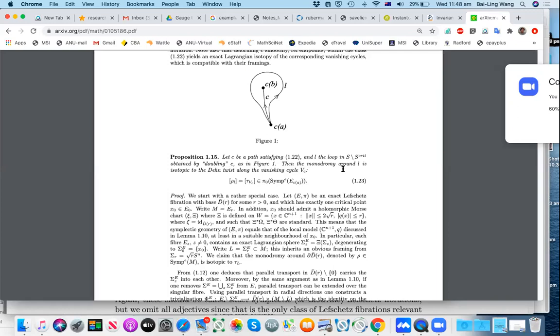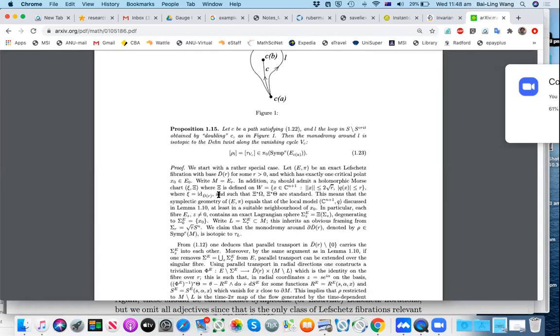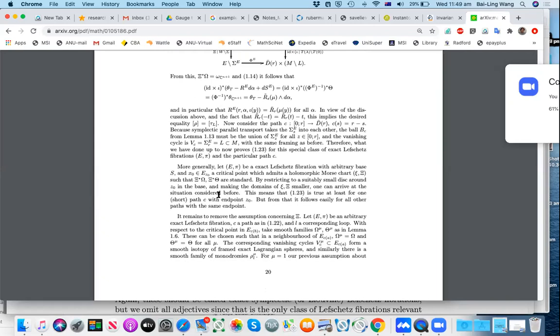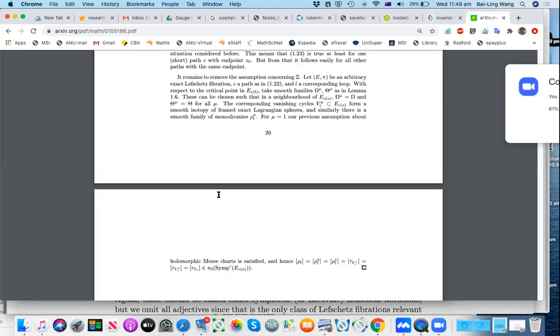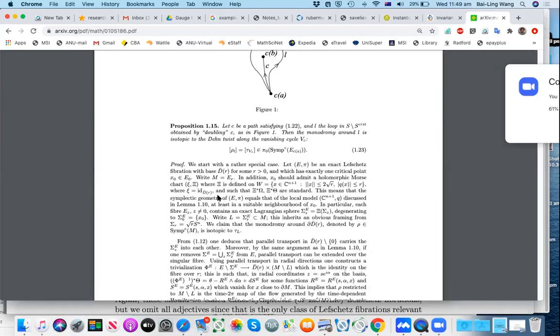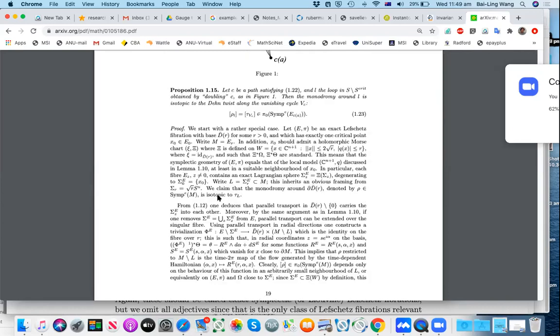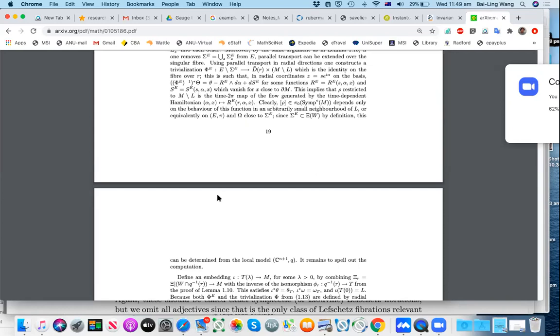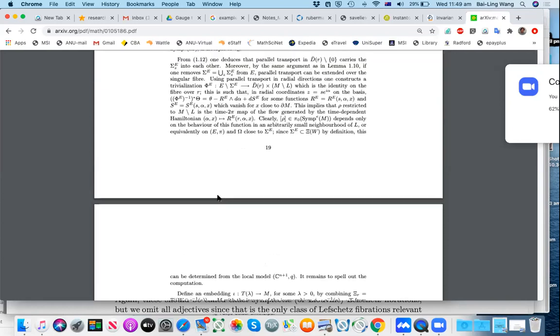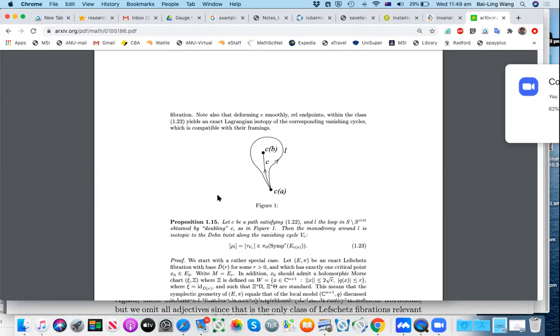Then the monodromy I want is the Dehn twist. The proof is actually a few pages, quite long. Probably two pages.